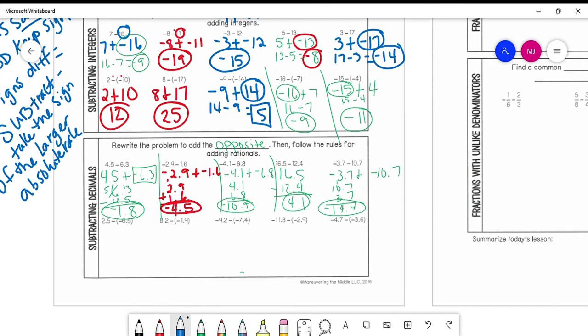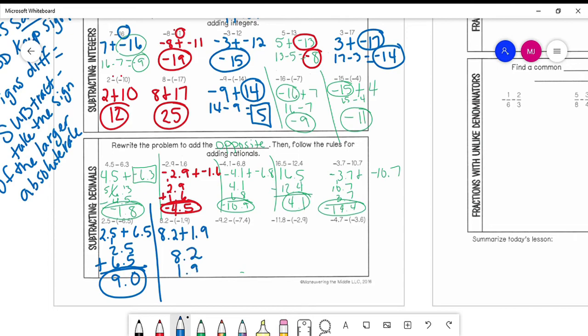We've got the subtraction and the negative. So 2.5 plus 6.5. Line up your decimals and add. 8.2 plus 1.9. Line up your decimals and add.